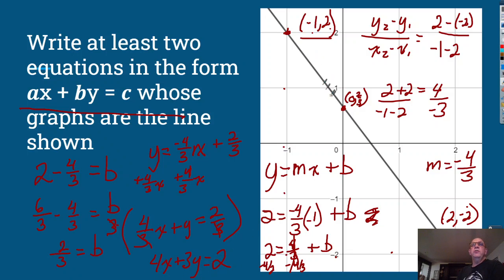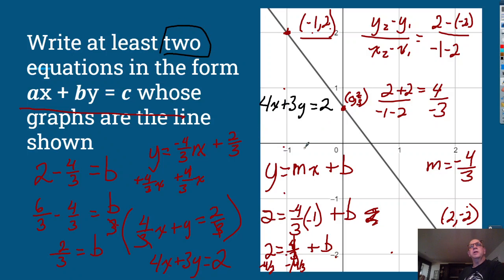So the equation for this line is, and let me do a different color so we can see, 4x plus 3y equals 2. So I did like 15 steps to get one equation, but I've got to get 2 equations.